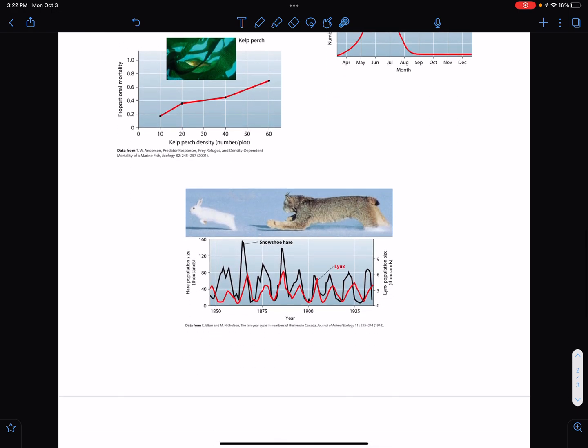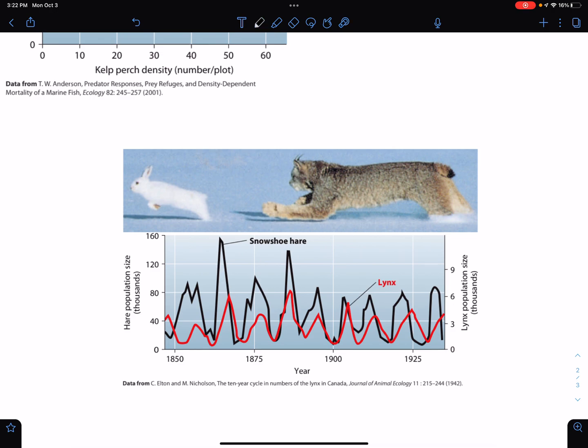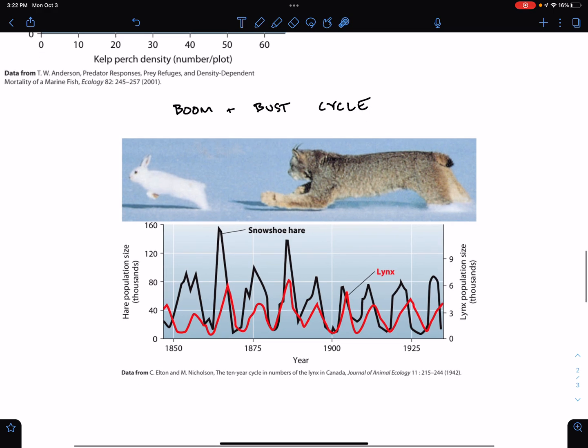Okay, and the last model that we have of a population growth curve is what's called a boom and bust cycle. So here we have an example of the black line is the snowshoe hare and the red line is the lynx.